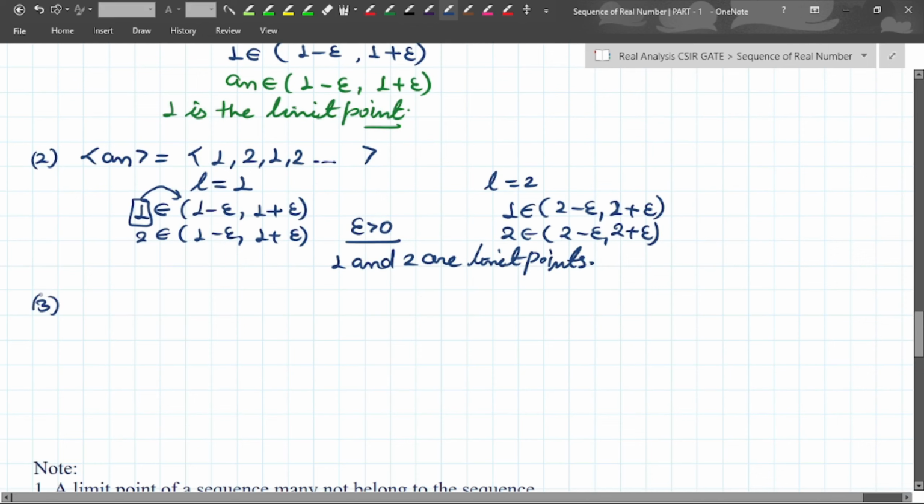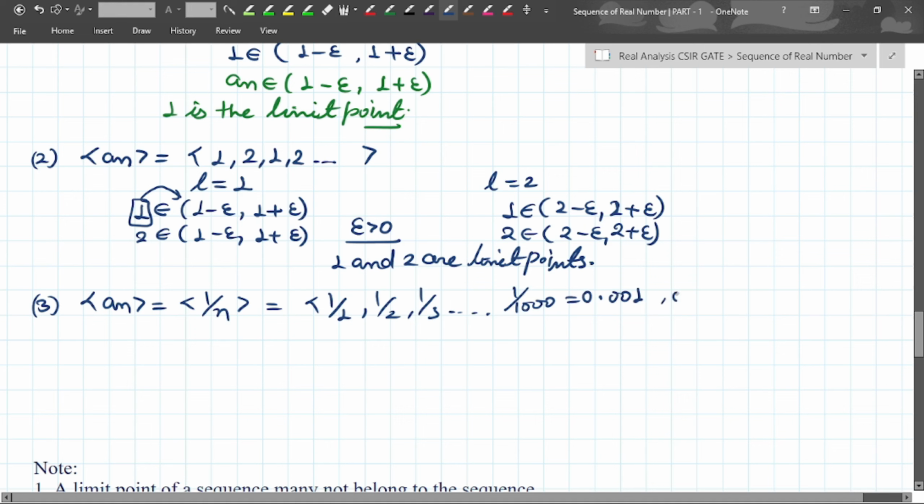For example, if I take a_n equals 1 by n, it means 1 by 1, 1 by 2, 1 by 3. If I take 1 by 1000, then it is 0.001, then 0.0001. Just see how all these points will look on the number line.